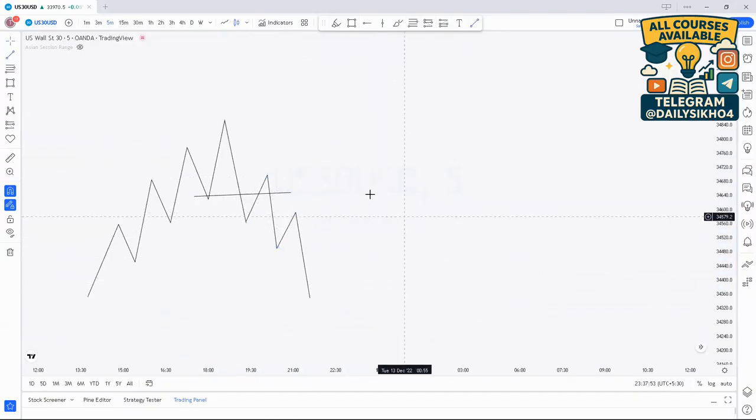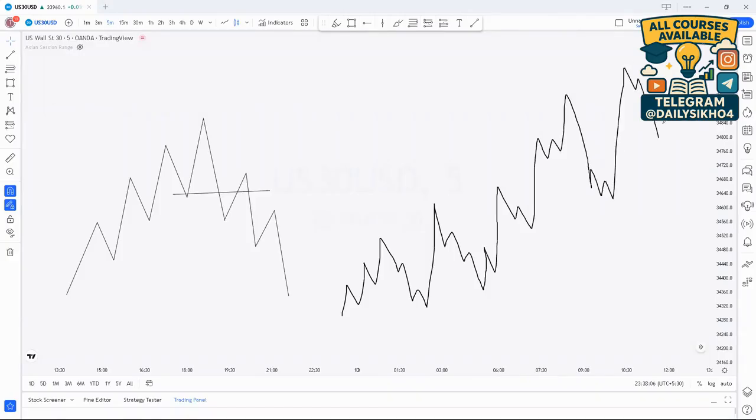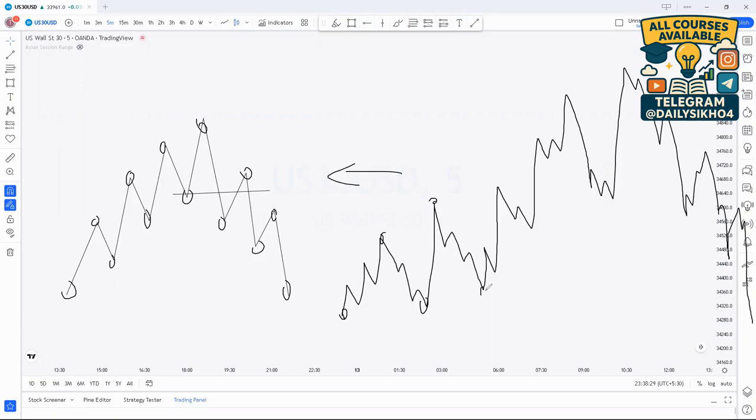But this on the live chart will look like this, and this will be the main structure. So this obviously will be the main structure, which is just this, 1, 2, 3, 4, 5, 6, 7.